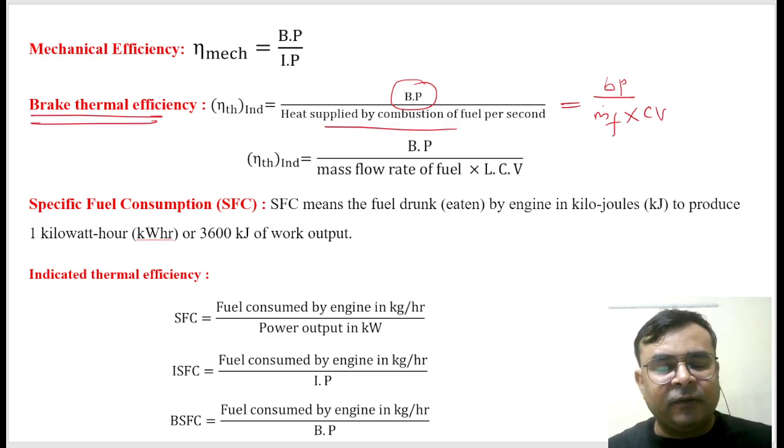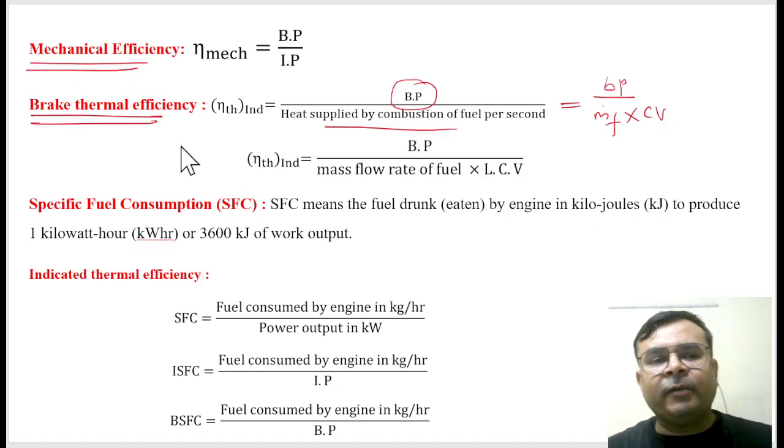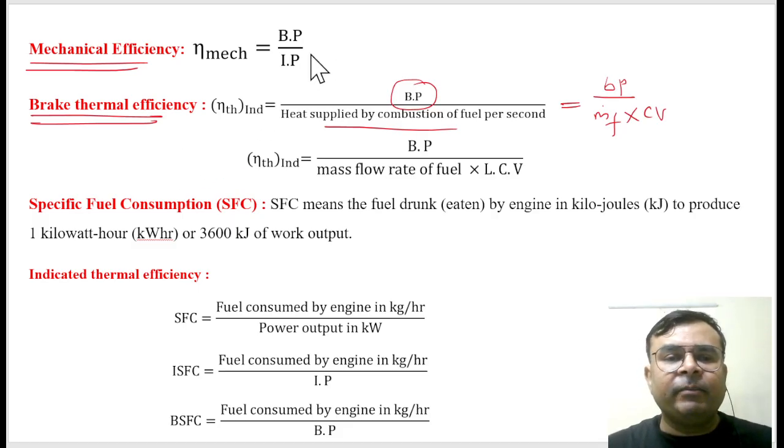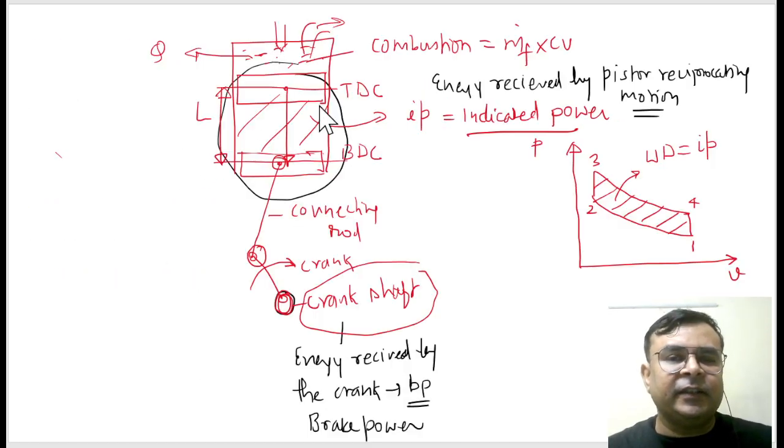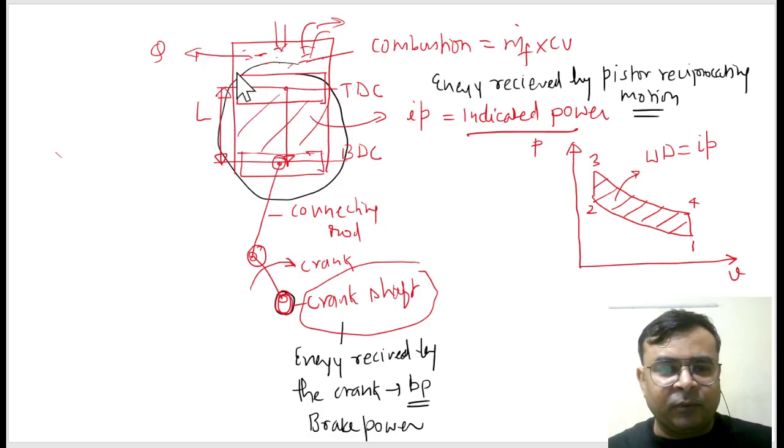And once you know the brake thermal efficiency and indicated thermal efficiency, then another very important terminology we have is mechanical efficiency. Obviously in this piston cylinder arrangement, by the reciprocating motion of the piston, we get a rotary motion in the crankshaft, yes or no? So this is a mechanical energy, this is also a mechanical energy, is it right? This is the energy directly received from the combustion of the fuel. So whatever energy is available here and whatever energy is transferred from here to here, in between obviously some amount of energy gets lost.